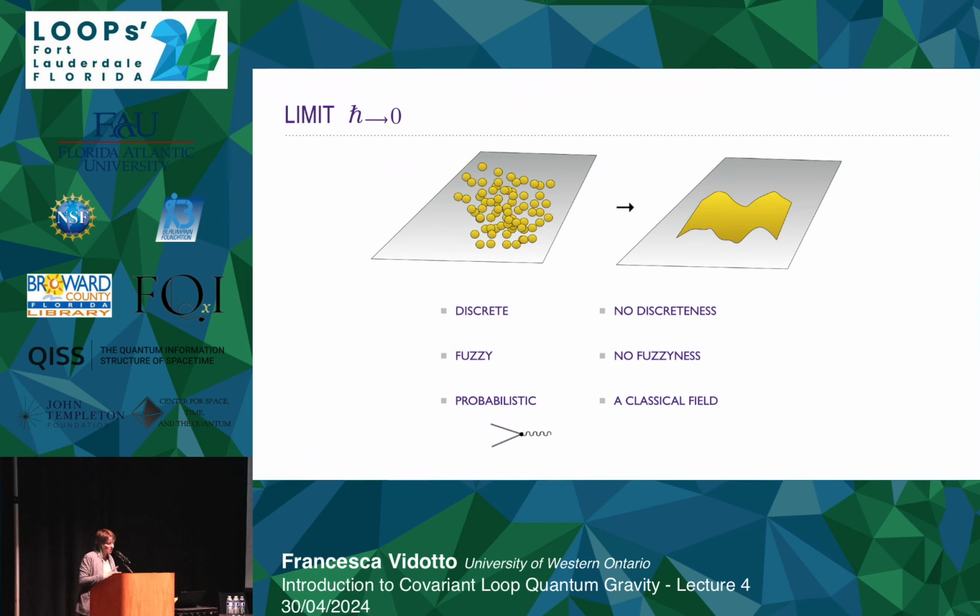The fuzziness is in particular given by the fact that in the quantum theory you have operators that do not commute, and in the classical theory you recover commutativity. And then you have a definition of a classical field in which, from a probabilistic description, you obtain equations of motion that are instead continuous equations, for instance in the form of a differential equation.